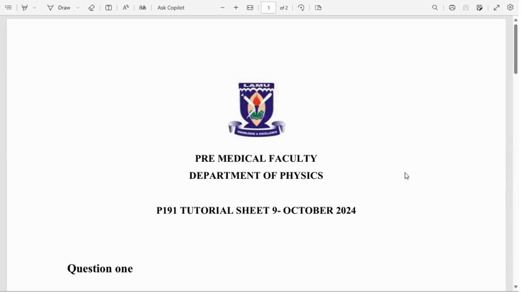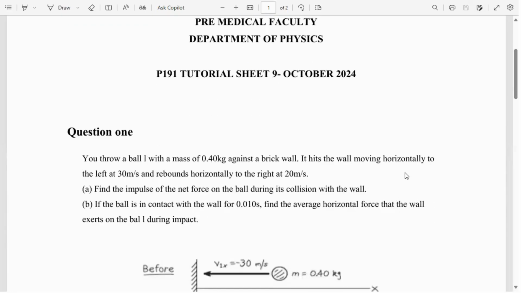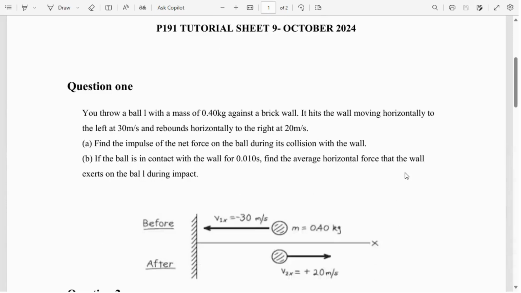All right, so let's look at question 1 of this tutorial sheet, tutorial sheet 9 for October. Question 1 says you throw a ball with a mass of 0.40 kilograms against a brick wall. It hits the wall moving horizontally to the left at 30 meters per second and rebounds horizontally to the right at 20 meters per second.